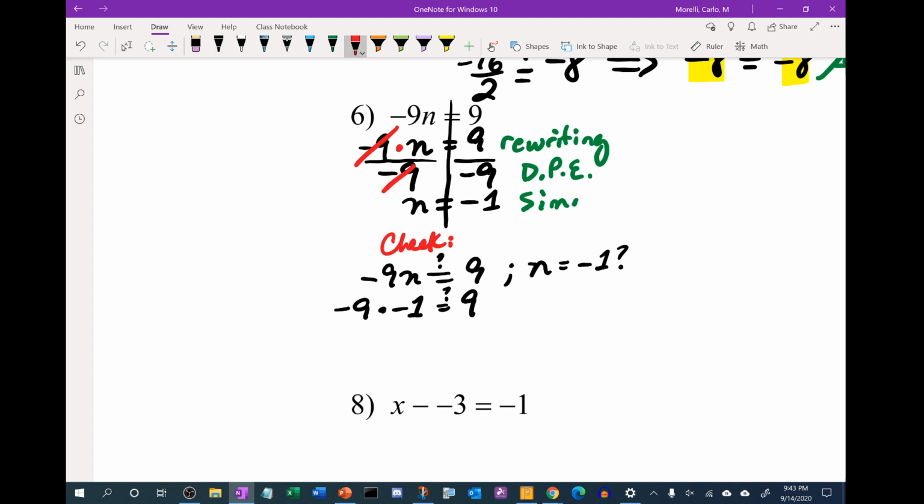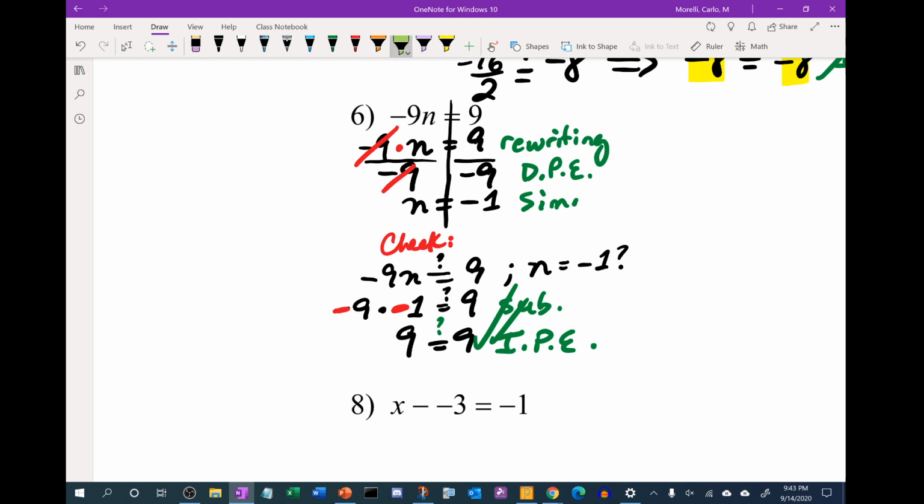Well, remember, a negative times a negative is a positive. 9 times 1 is 9. So negative 9 times negative 1 is positive 9. So 9 equals 9. This was substitution here. And this is true because of the identity property of equality. Identity just meaning 9 equals 9 is a true statement. So I can go ahead and give my double checks there.